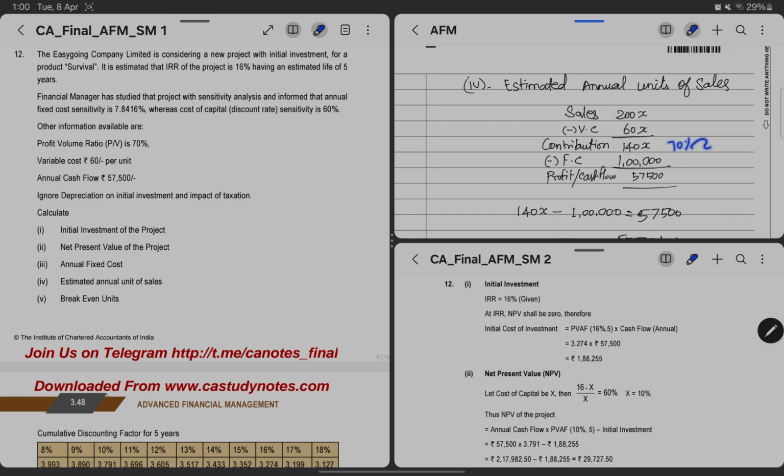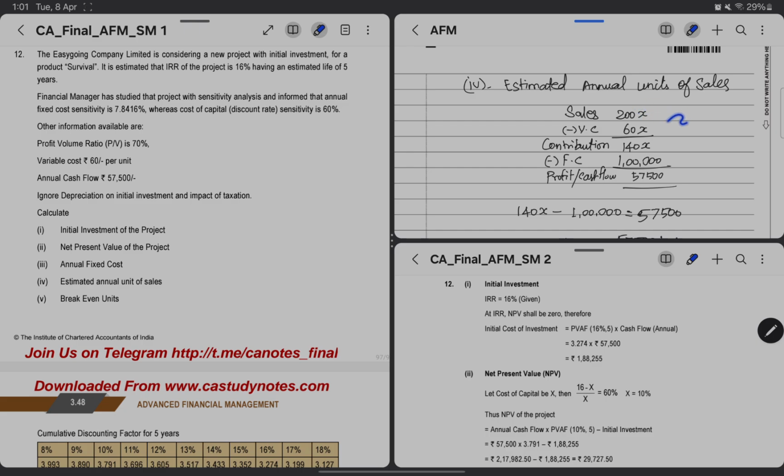This signifies 30 percentage for variable cost, and our sales will be 100 percentage. Now since this 60 is at 30 percentage, 60 divided by 30 percentage will give our sales, which is 200. So 200 will be the sales per unit.